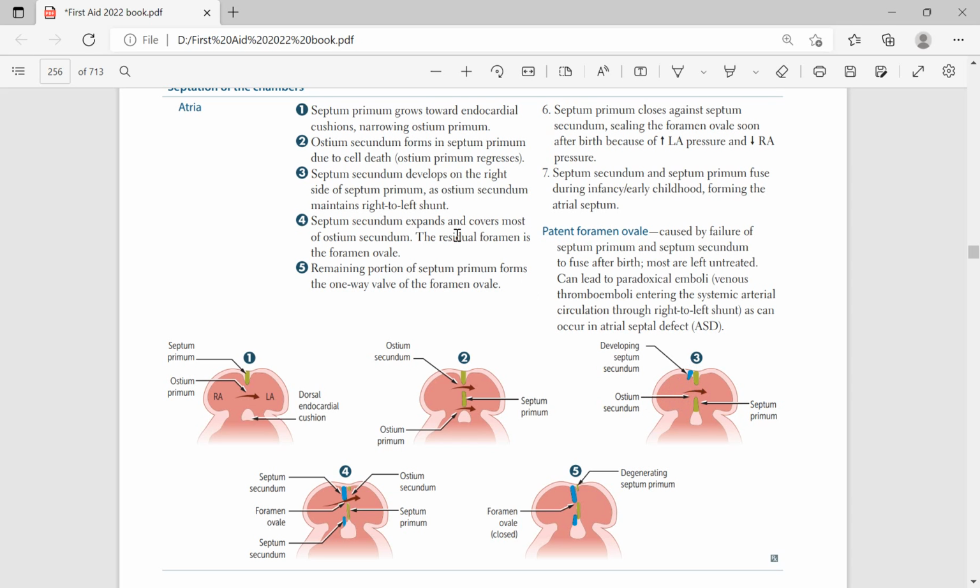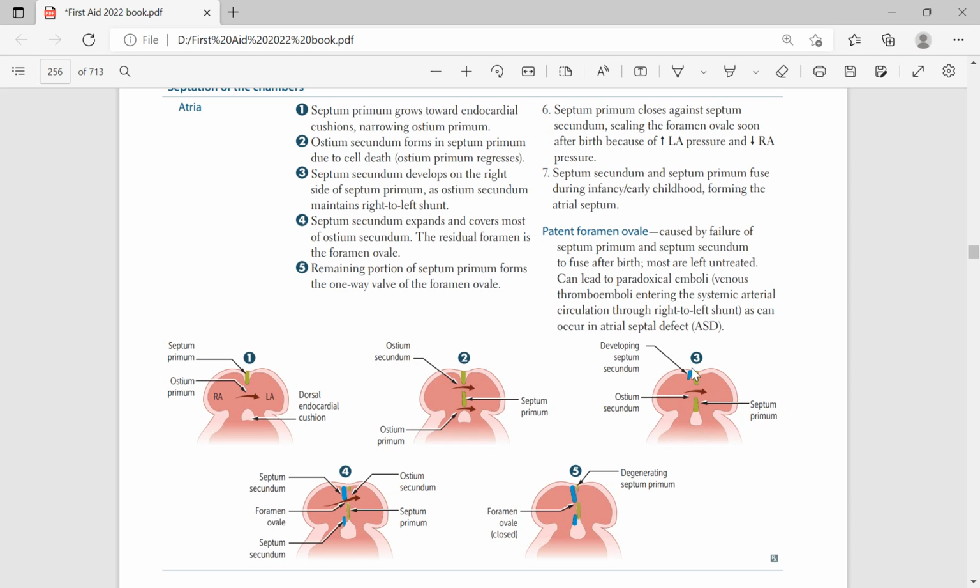Septum secundum expands and develops on the right side of the septum primum. Look here, this is septum secundum forming on the right side of the septum primum. The ostium secundum maintains right-to-left shunt, so blood goes from the right side to the left side in the embryo.